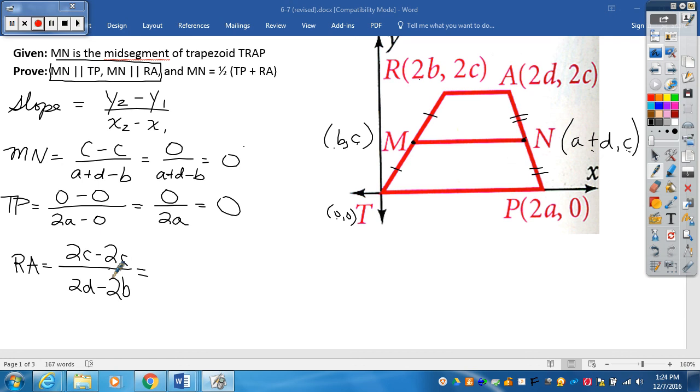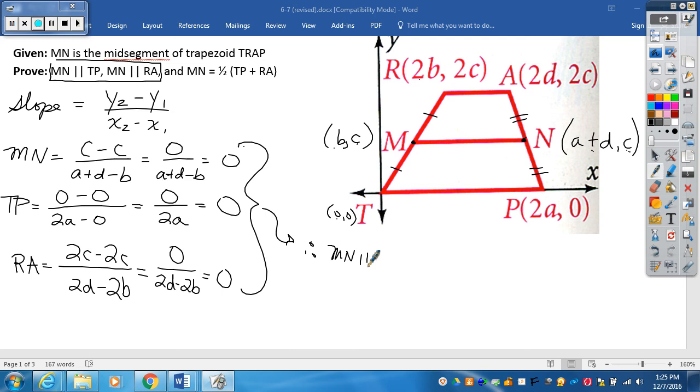Now again, the difference here is 0 over 2d minus 2b, and thank goodness my slope is still going to be 0. So at this point in time, if I had a coordinate proof, I would probably go ahead and say, therefore, I know that MN is parallel to TP, which is parallel to RA. Okay? I've proved all three of these segments are parallel.